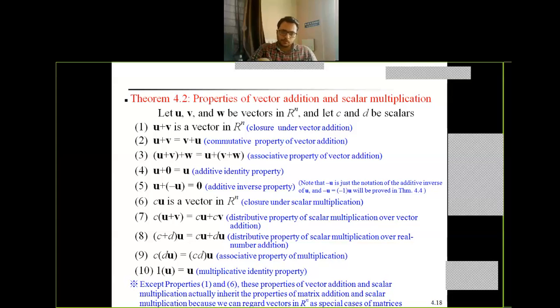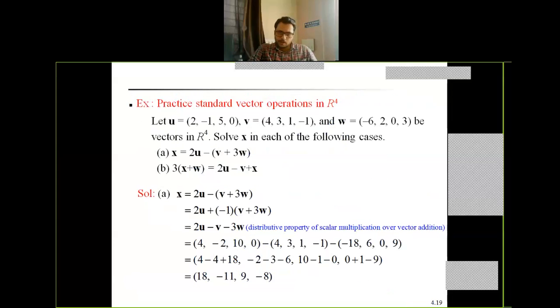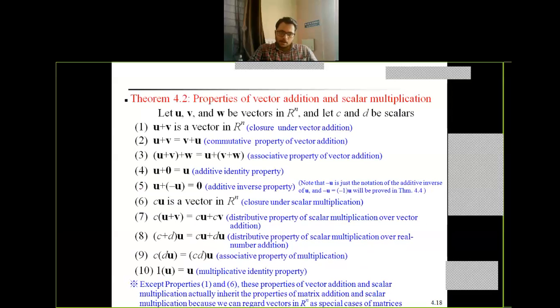We are going to come across the same properties in the same sequence in the definition of vector space. So instead of seeing these properties right here, we will discuss them while discussing the definition of vector space.